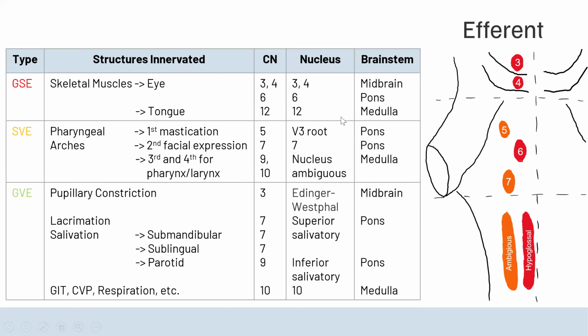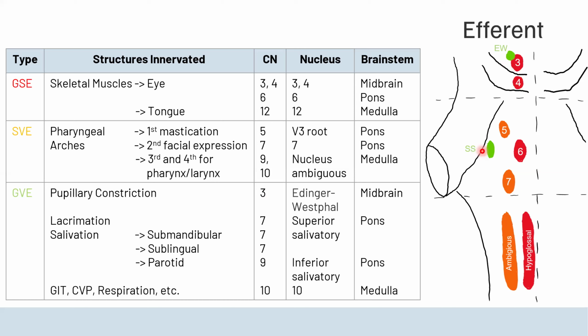Okay, so we said that we have four separate nuclei for our general visceral efferents. Starting off, we have pupillary constriction by cranial nerve number 3. The nucleus for it is our Edinger-Westphal nucleus in the midbrain. Next up, we have lacrimation carried by the superior salivatory of cranial nerve number 7 in the pons.